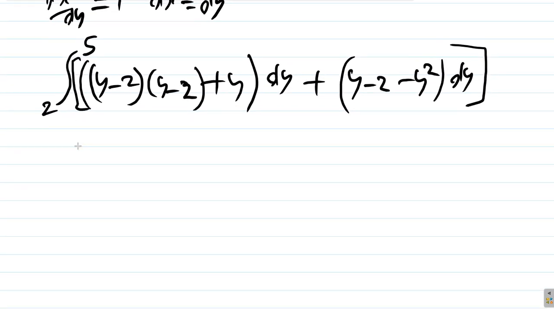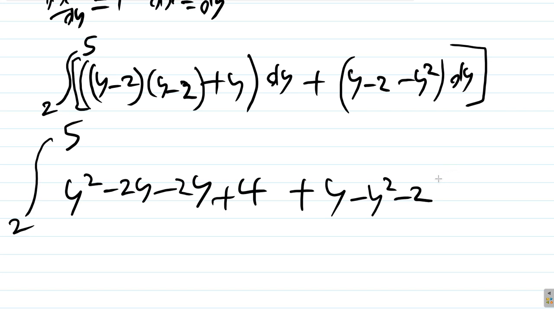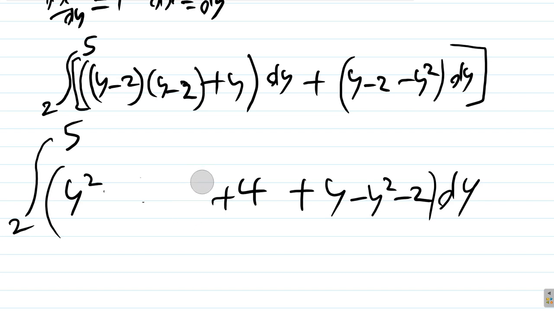So we have the integral from 2 to 5 of y times y is y squared, y times negative 2 is negative 2y, negative 2 times y, negative 2y, negative 2 by negative 2 is positive 4, right? Plus we combine them, and y minus y squared minus 2. So it's all of that dy. But negative 2y minus 2y is negative 4y. So let us write minus 4y here.